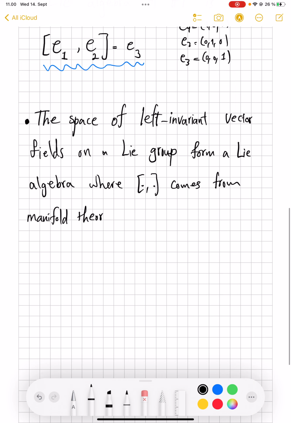In this case, this bracket has a geometric meaning in terms of flows of vector fields or in terms of derivations, but we don't want to get into that.